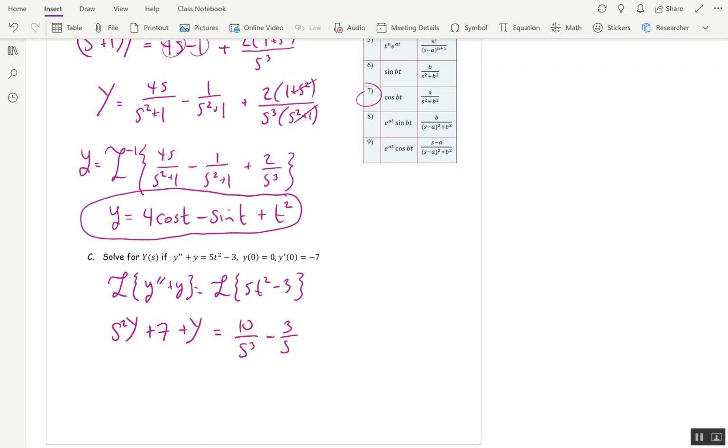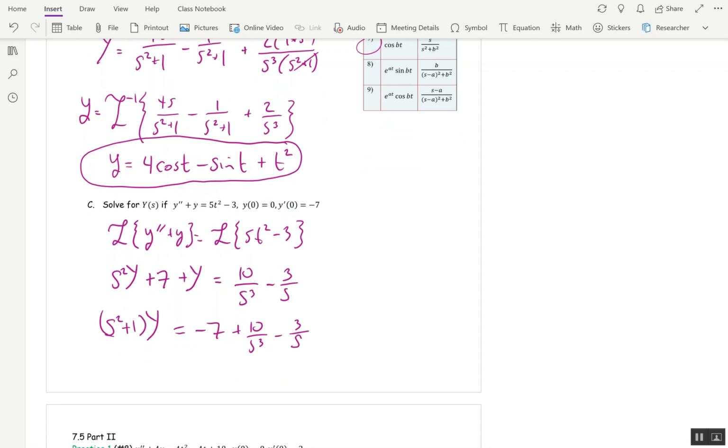All right, so combine all the terms on the left that have a big Y in them. And then move the 7 over. Okay, and now before I divide both sides by s squared plus 1, I'm going to write this as a single fraction.